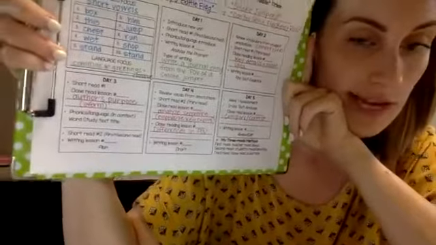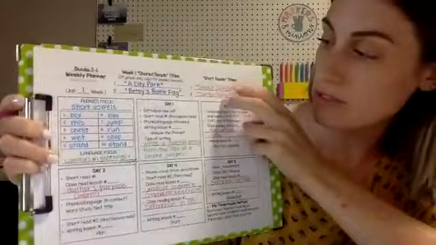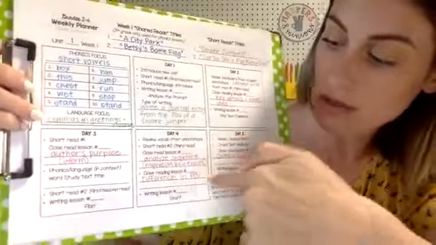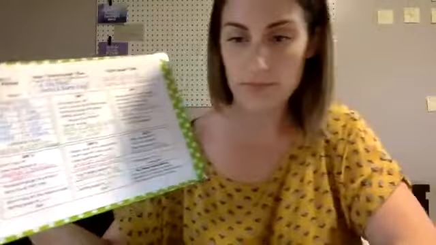So compare, contrast. You're comparing and contrasting a literary text versus informational text, so probably these 2 short reads, right? Okay, so that's what my reading comprehension flow looks like for the week.